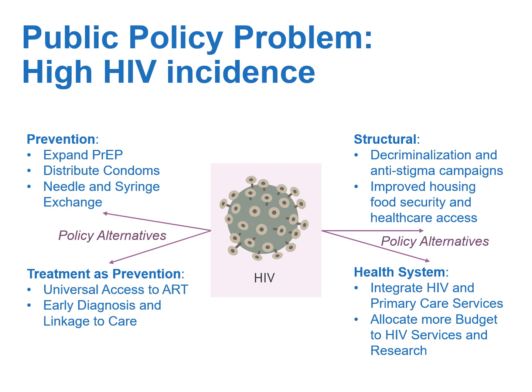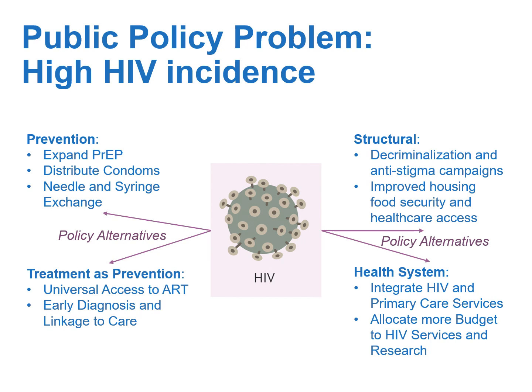Next, structural barriers such as stigma and criminalization often undermine adherence and prevention. And finally, health system strategies involve system-level interventions such as integrating HIV and primary care services or increasing budget allocations for HIV services and research.